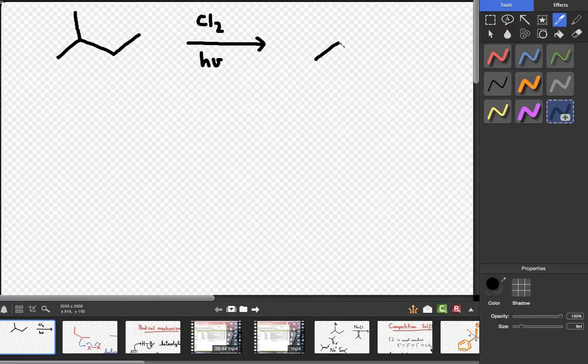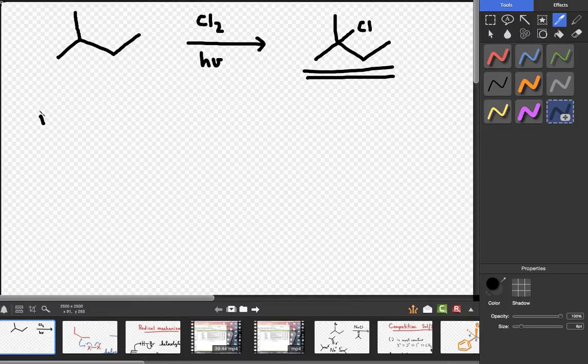The major product, and this is because tertiary hydrogens are typically replaced more easily because they make more stable radicals, is what I want to make. Now we're going to have to talk about the inherent difficulties of making this from chlorine versus making this from bromine, but I'll probably save that for another video. Let's look at how I can account for the formation of this product.